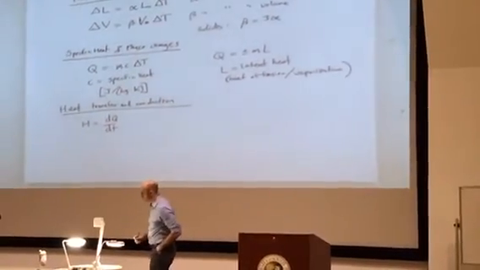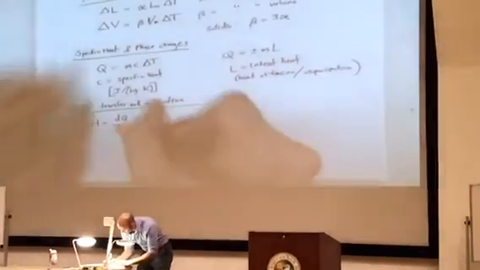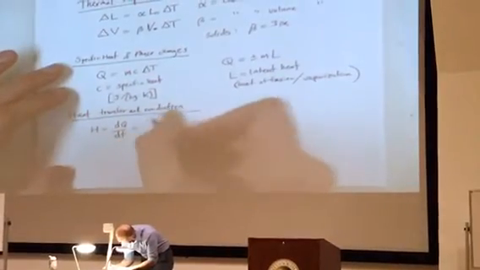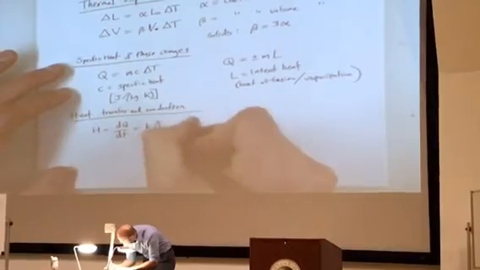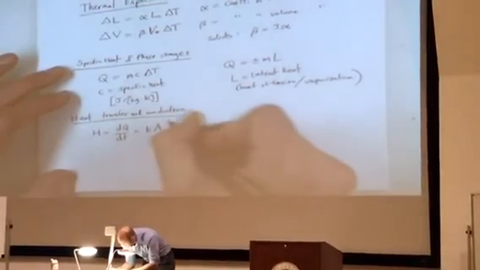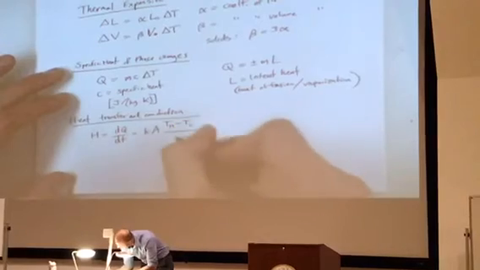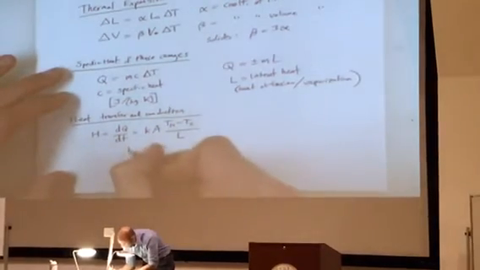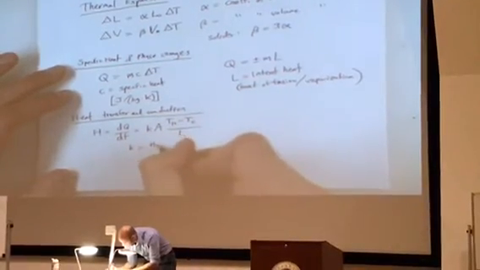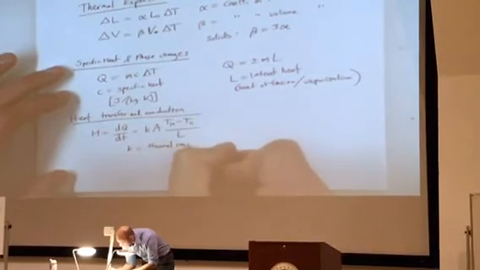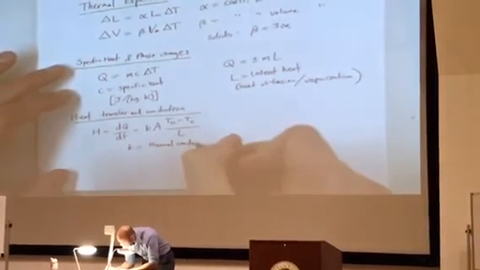So dQ/dt, derivative of heat with respect to time. And that is equal to some K A times (T_h minus T_c) over L, where K is a constant of thermal conductivity.